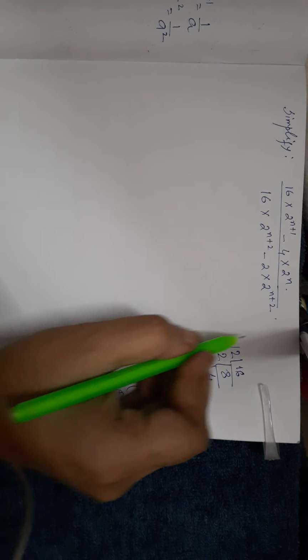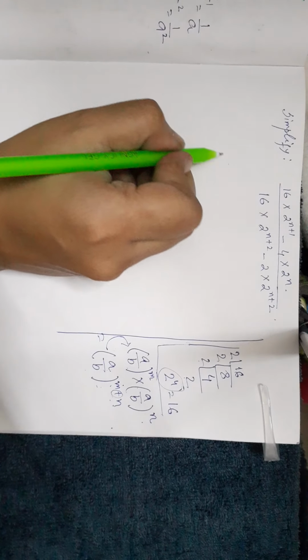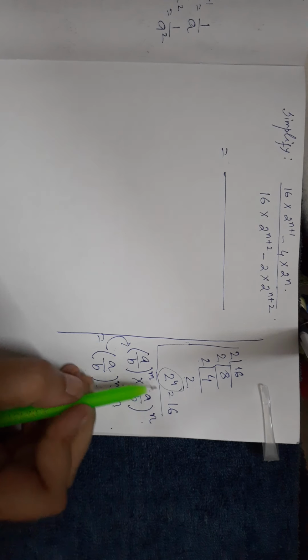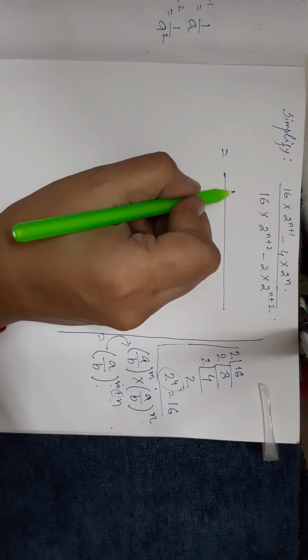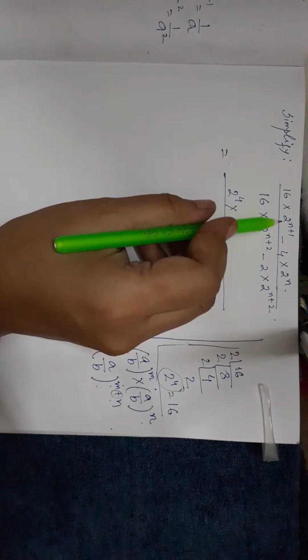Okay, so we are going to use this formula here and we will write 16. We have already done that 2 raised to the power 4 is 16. So instead of writing 16, we will write 2 raised to the power 4 into 2 raised to the power n plus 1.